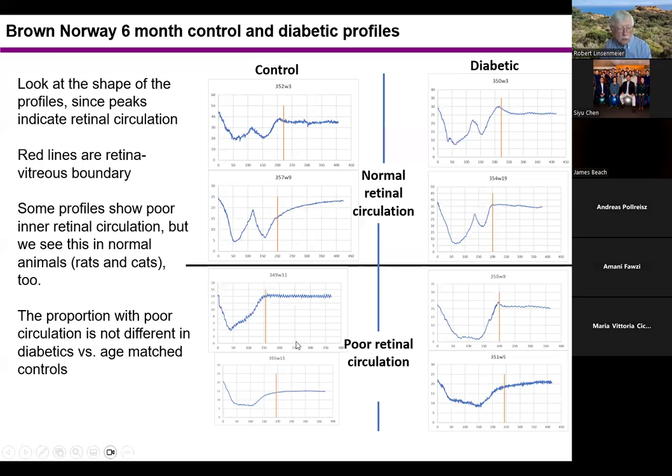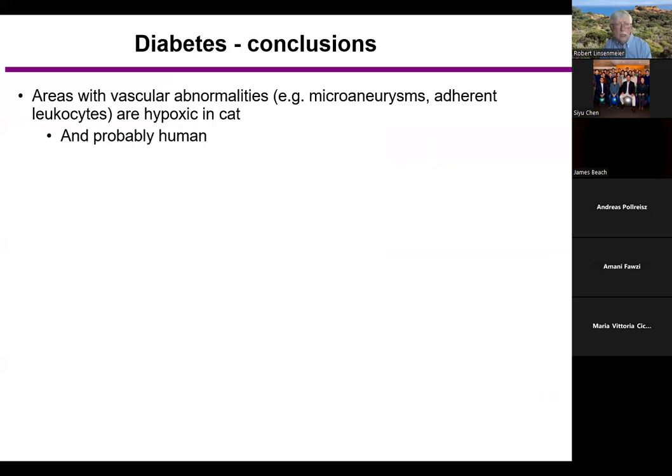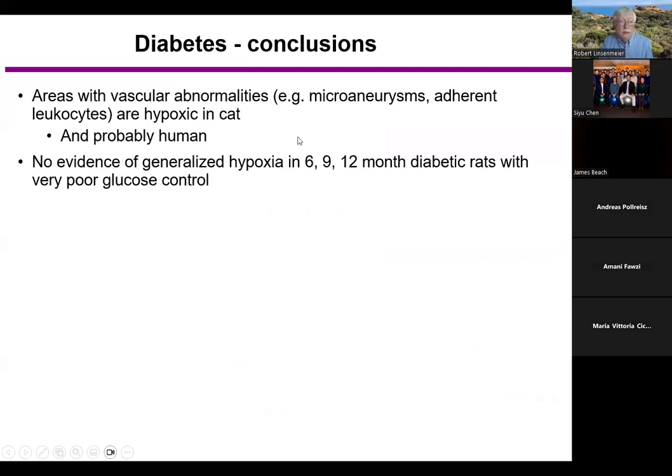So we could really not find any evidence of generalized hypoxia. So in areas with vascular abnormalities that we could identify, microaneurysms or adherent leukocytes, those areas were hypoxic in cats and probably are in humans. But there's no evidence of generalized hypoxia in rats maintained as long as 12 months with very poor glucose control.